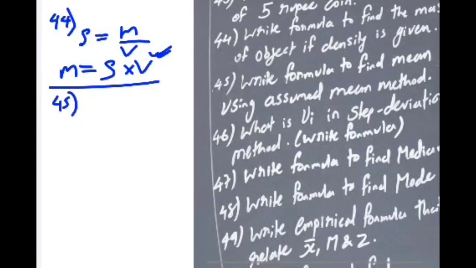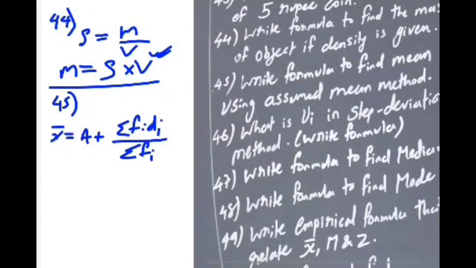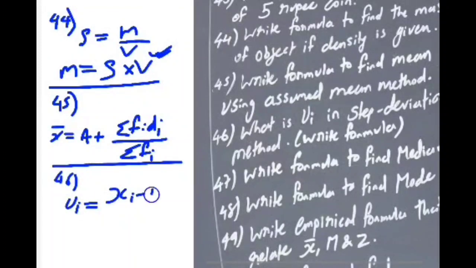Then 45th, write formula to find mean using assumed mean method. So x bar is equal to a plus sigma fi di upon sigma fi, or you can write n. Okay, then 46th, what is ui in step deviation method? So the formula of ui is xi minus a upon h, that is according to step deviation method.